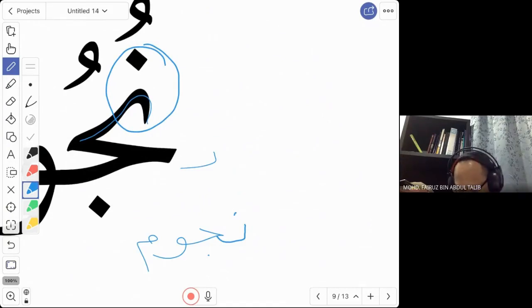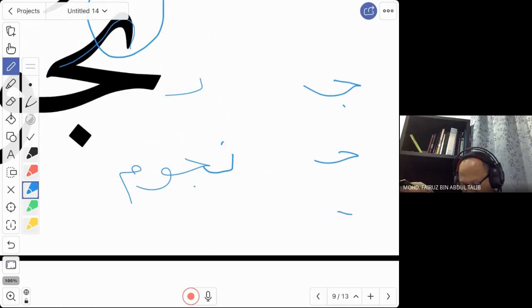Basically, if you have this letter, whether it is jim, or ha, or kha, and then you have one letter before that, only one letter, normally you will write it before it. For example, if you want to write lam and jim, this is how we normally do it.